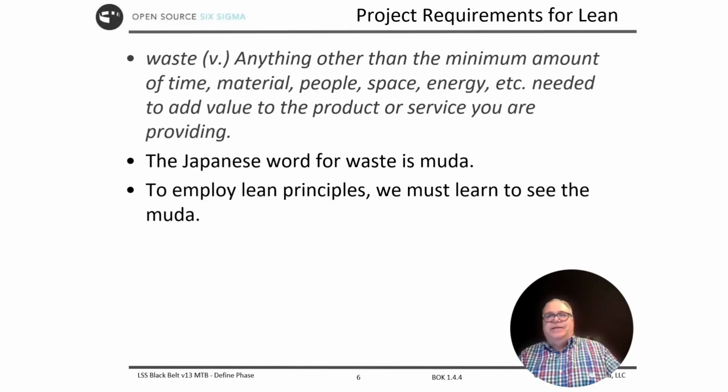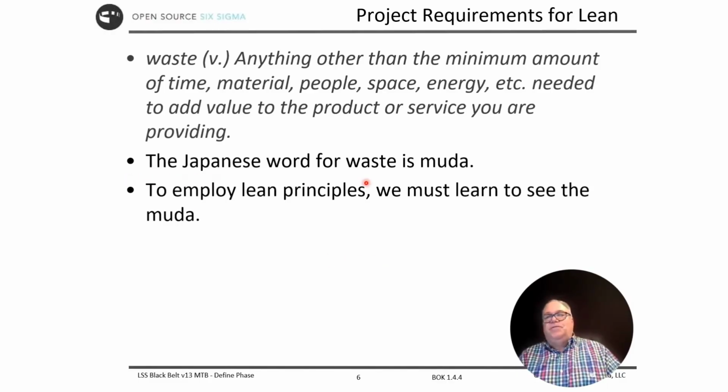So now we're going to get into the elements of waste. So when we look at the lean side of your project, we're going to search for waste. So anything other than the minimum amount of time, material, people, resources, space, energy to add value to the product or service, as we go step by step through the process.